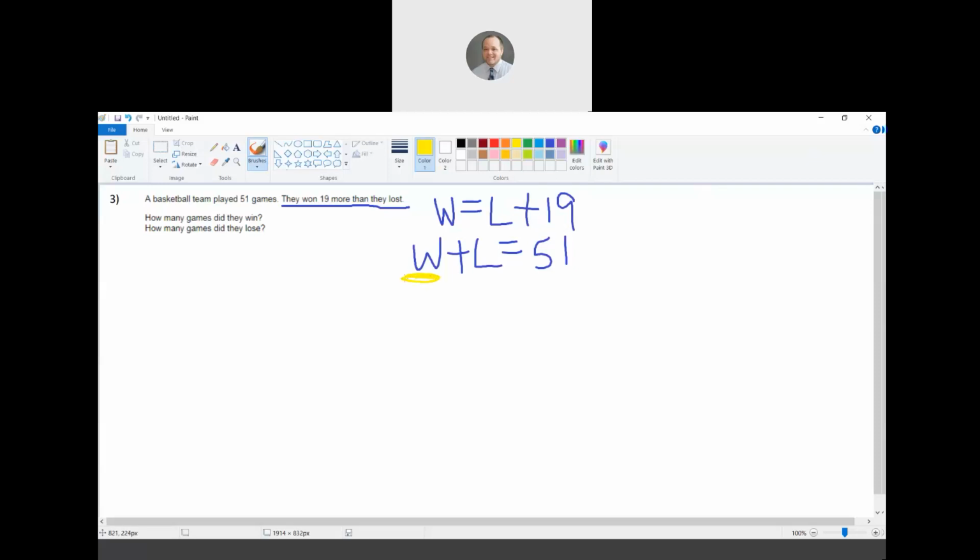So replace the second W with L plus 19. And that gives us L plus 19 plus L equal to 51. Combine the L's, giving us 2L plus 19 equal to 51.